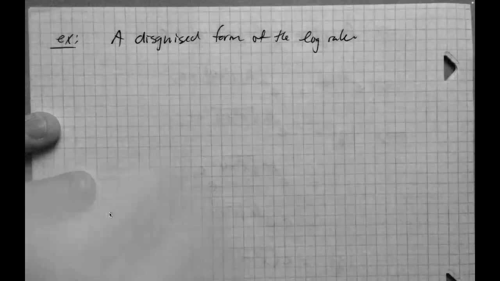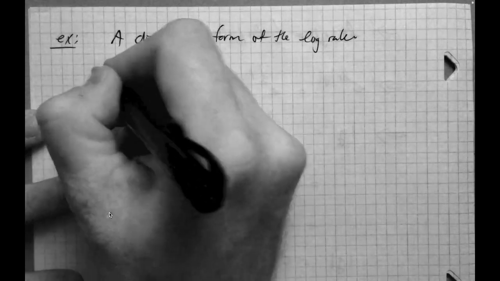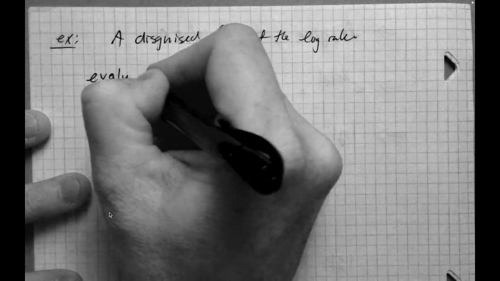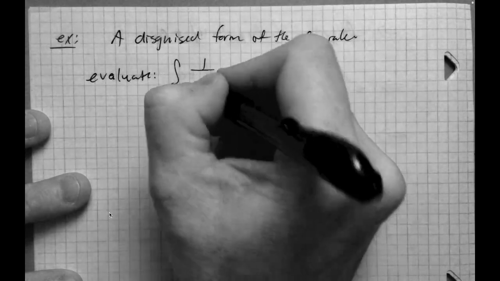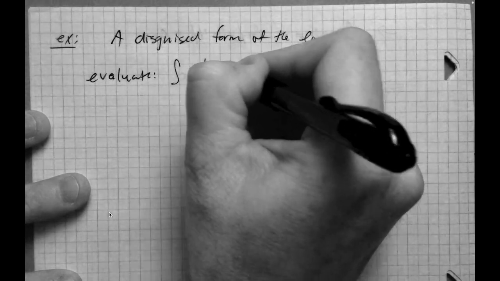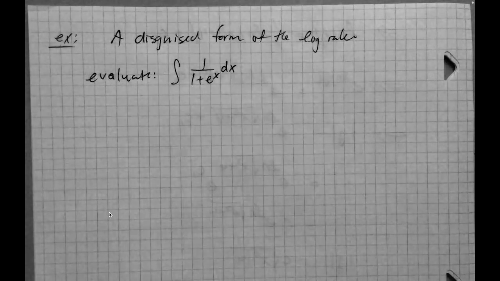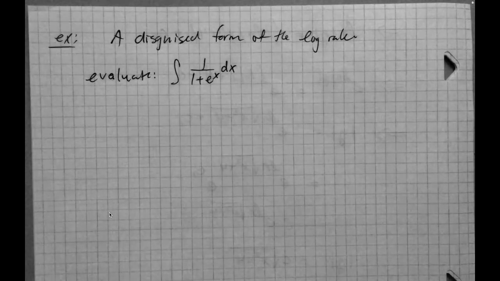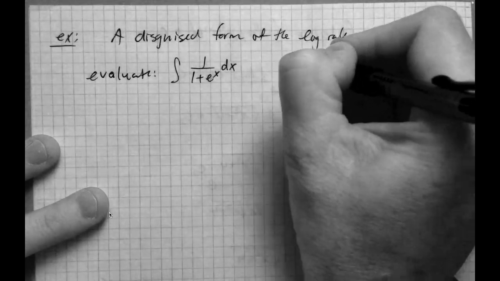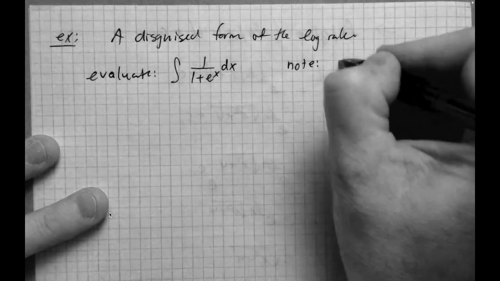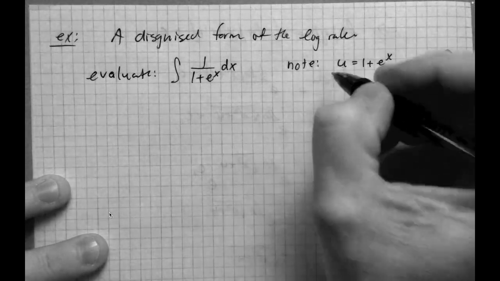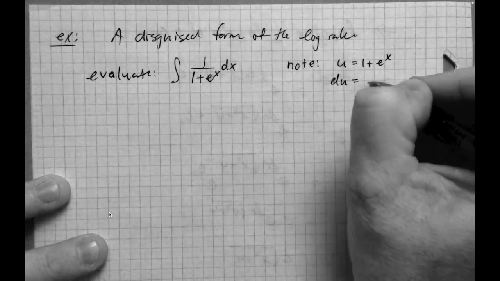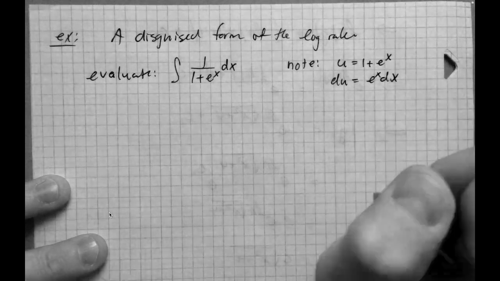Okay, so the integral that we're interested in is the integral of 1 over 1 plus e to the x dx. Something to note with this is if we let u equal 1 plus e to the x, then du is equal to e to the x dx.